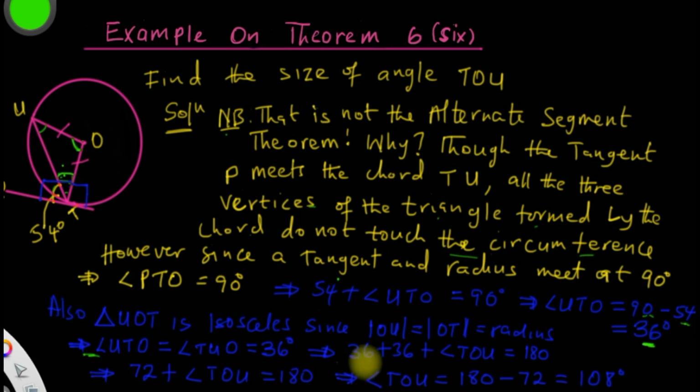So 36 plus 36 plus TOU, the angle we are supposed to find, will give us 180 degrees. So 72 plus TOU is equal to 180, so TOU is equal to 180 minus 72, which is 108 degrees. So this angle is equal to 108 degrees.